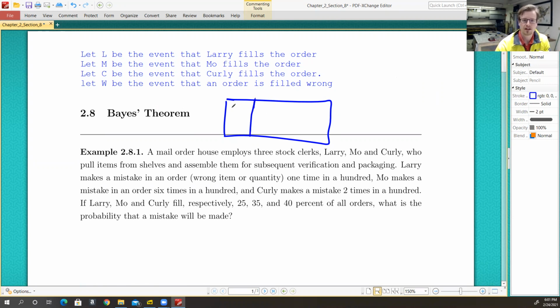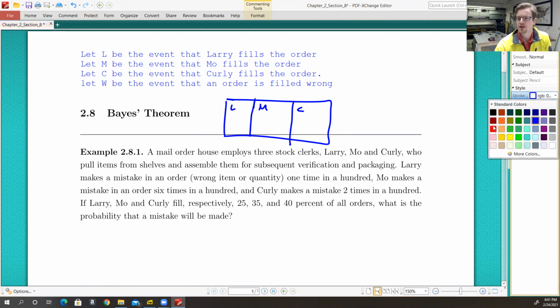Well, they're either filled by Larry, they're filled by Mo, or they're filled by Curly. So this is our sample space, and we have 3 separate events, right? And so instead of circles, I want it to fill up the whole thing. So all orders are filled by Larry, Mo, or Curly.